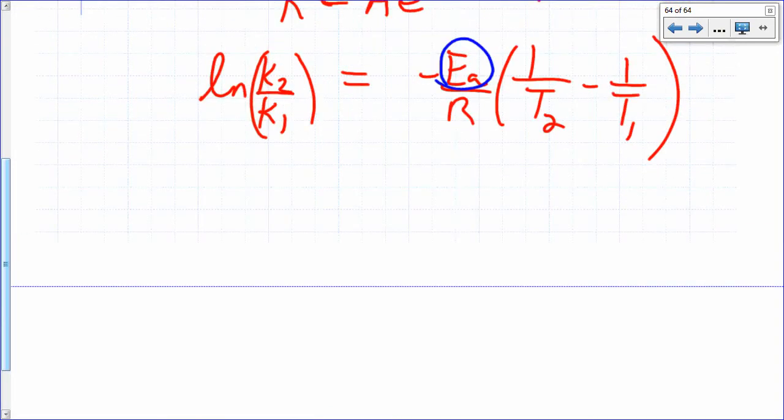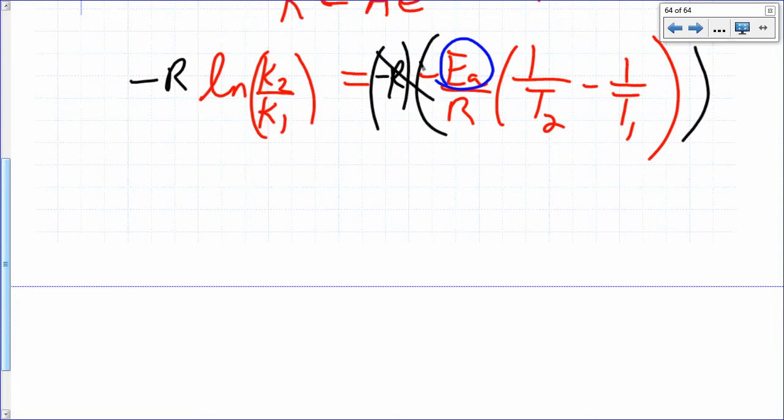So how am I going to solve for the energy of activation given this? I multiply both sides by negative R, which gets rid of the negative R on the right side.